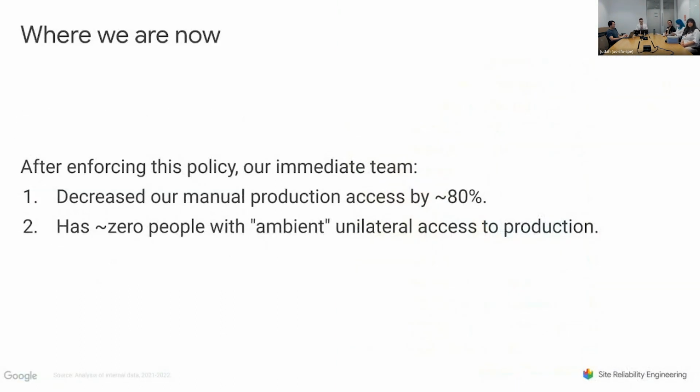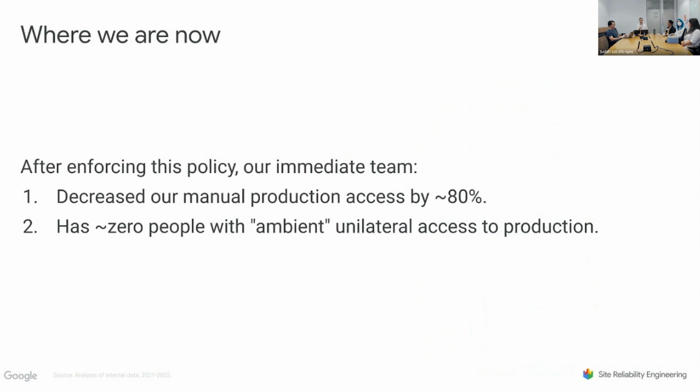So all of the things that I've described have been a long time in the works. I've been at Google for a little over 4 years. This has been a big thing that I've worked on, trying to set up this process. And we've come a long way from when I joined. Our team started enforcing this policy at the beginning of 2022.